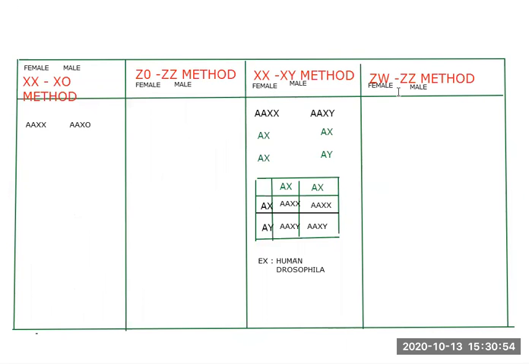Total number of chromosomes in human being are 46. Let's go to the next page. Total number of chromosomes in the human being are 46 chromosomes. In that, 22 pairs are autosomes.